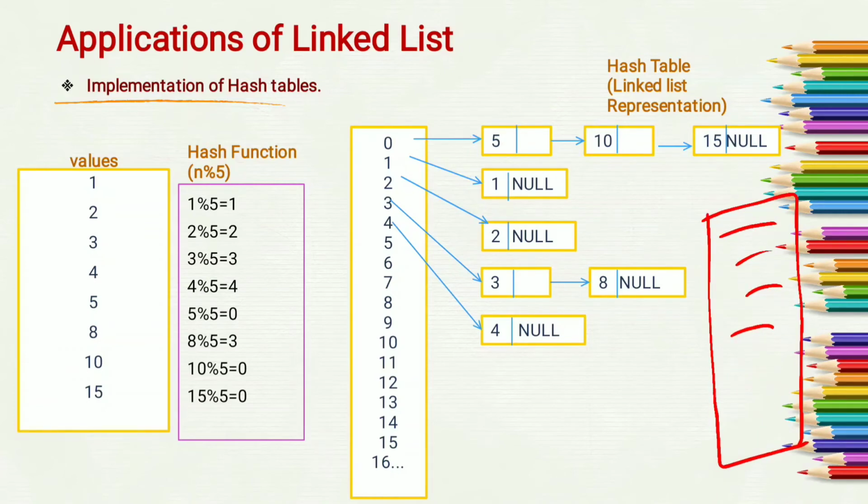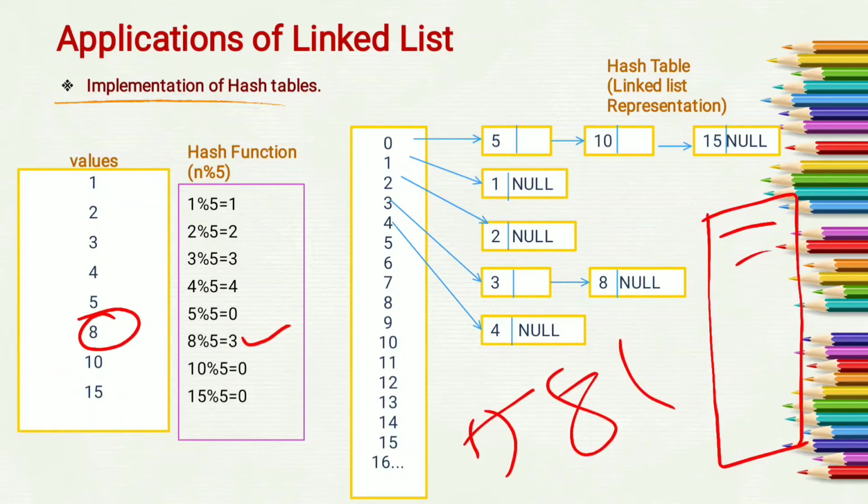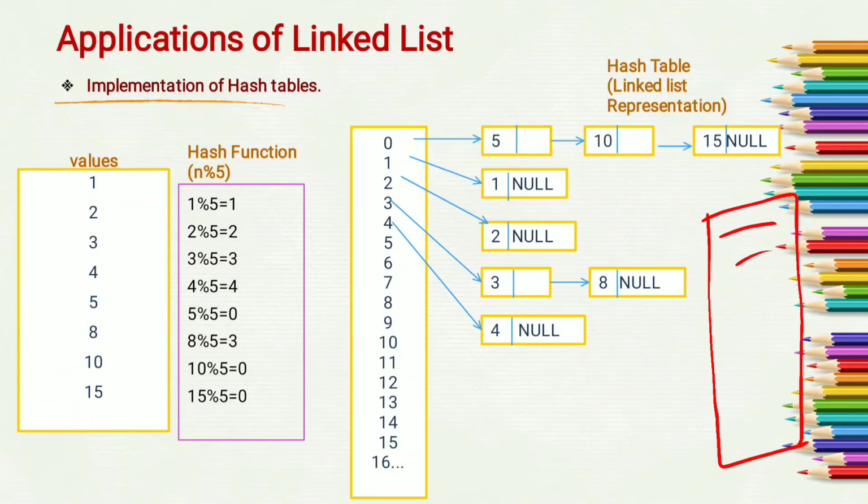Now if you want to search element 3, then divide 3 by 5, you will get the remainder 3. That means you will get this value 3 at head node 3. And suppose the value is 8, if I divide 8 by 5, then you will get the remainder 3, because 5 ones are 5 and remainder is 3. So you will get the value 8 at head node 3.